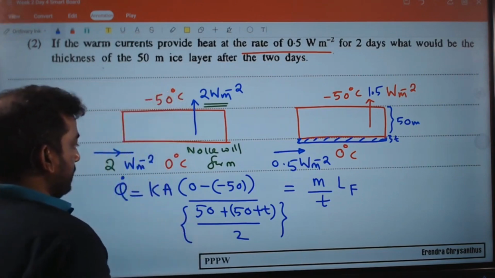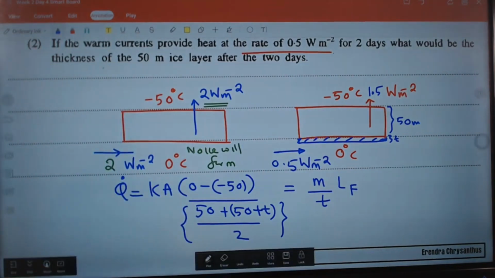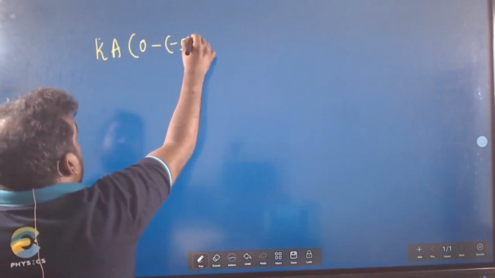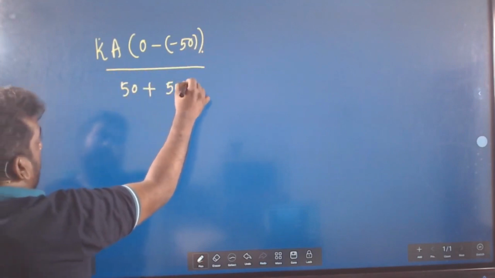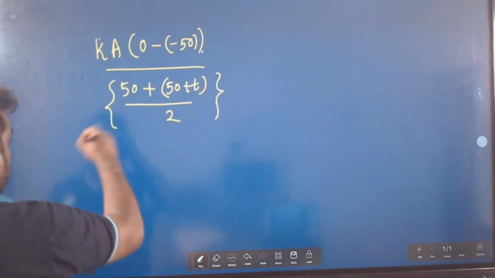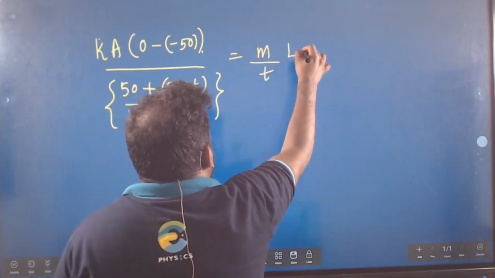Simplify this. So what I'll do is I will take the whiteboard out. So K times A times 0 minus minus 50, divided by (50 plus thickness)/2, because thickness is changing with time, equals M over T times LF.